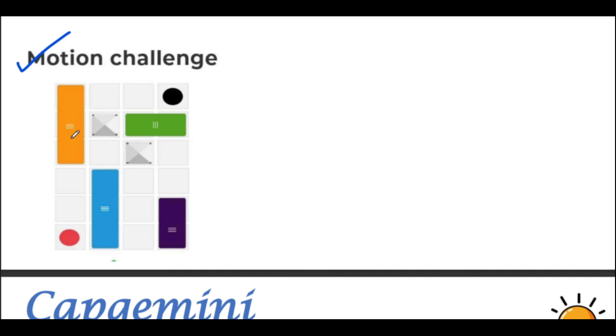In this we have one block here, one block here, and we have to make this ball move here. What we can do is move this thing here, this shape will come here. This is the first step.